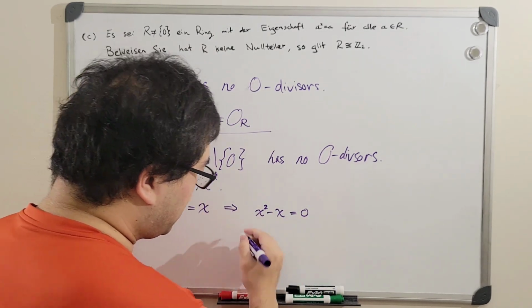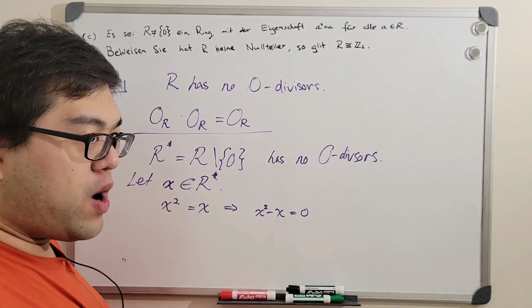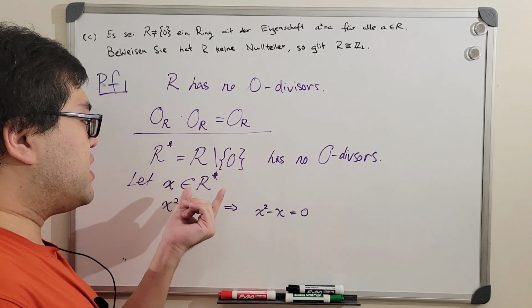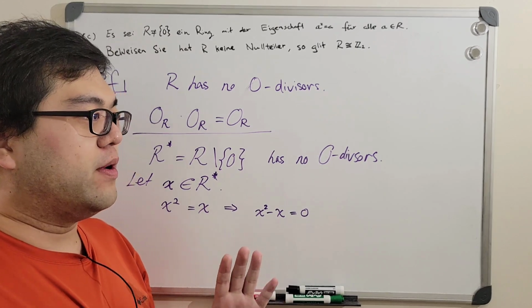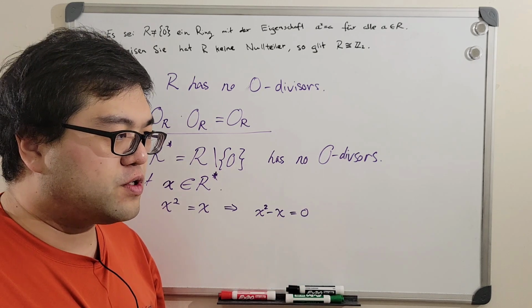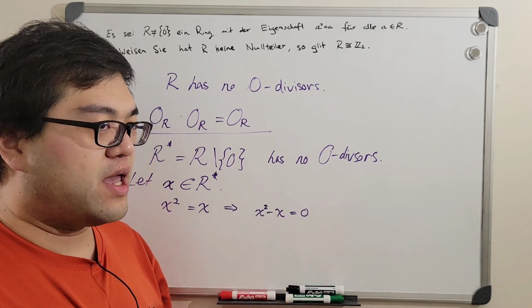Then, of course, we can also do factoring. Again, why? Because once there are no 0 divisors, we cannot guarantee that all the elements have a multiplicative inverse, but we can guarantee that all the elements are cancelable.